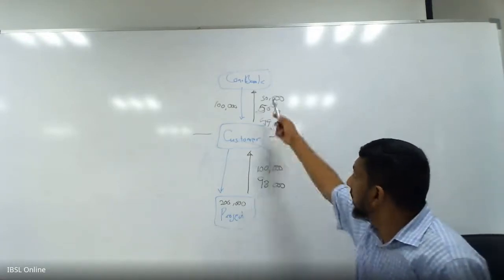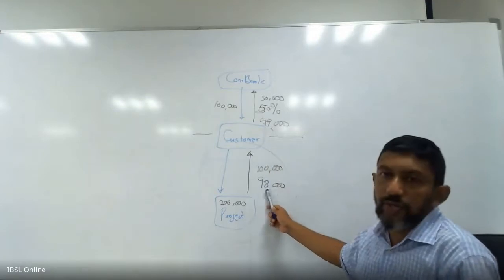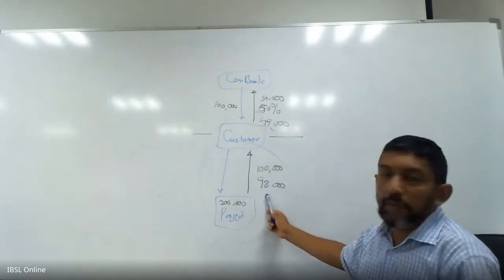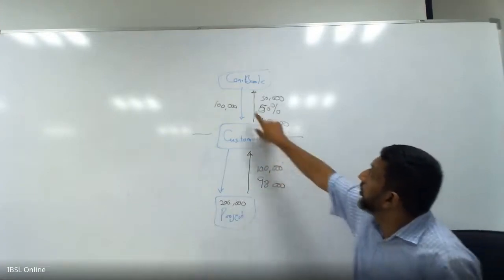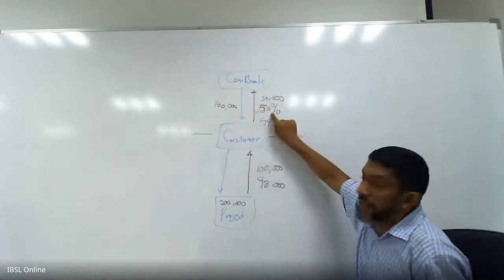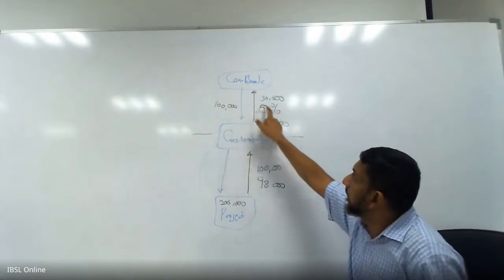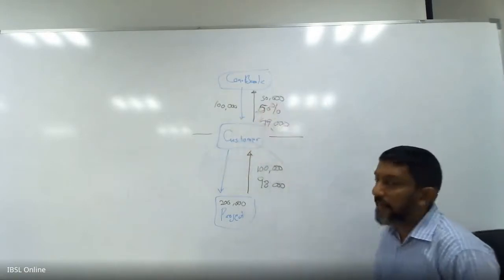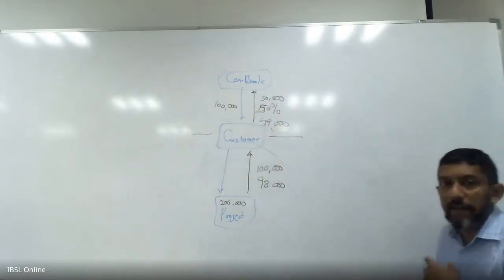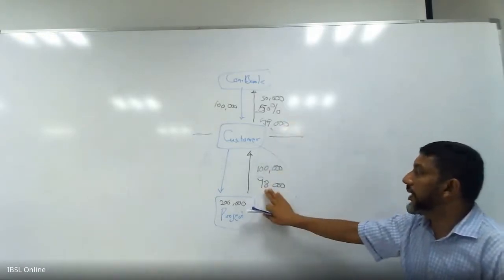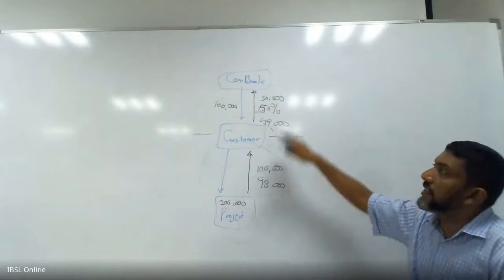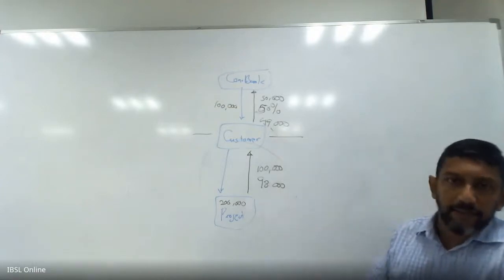So the returns are linked to the actual return on the project's profit, not related to the amount given and the percentage agreed. Because what is agreed here in Islamic banking is the profit sharing ratio. Based on that ratio, the actual profits are distributed between the bank and the customer.